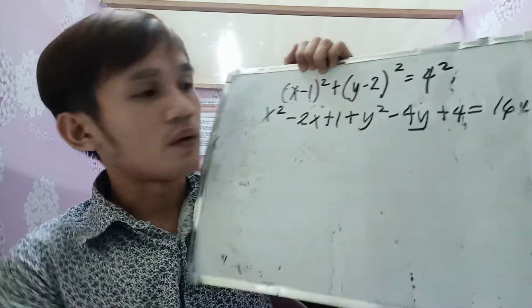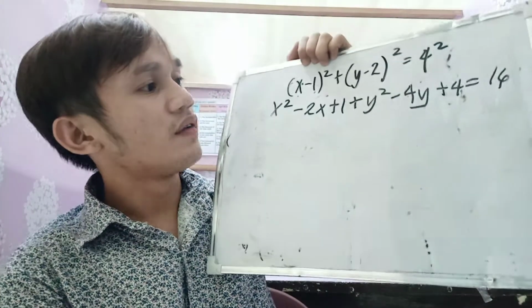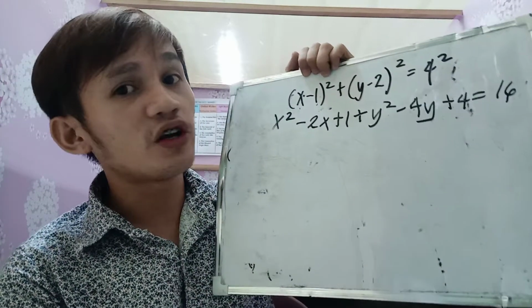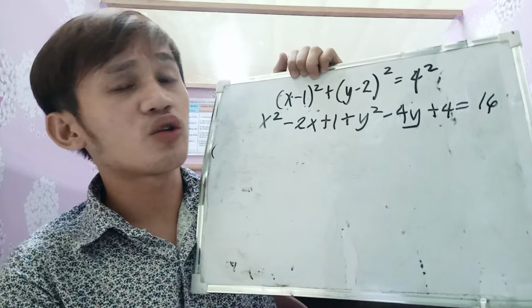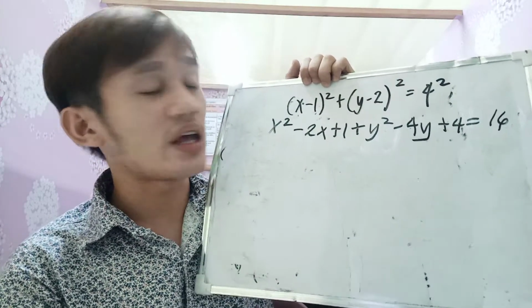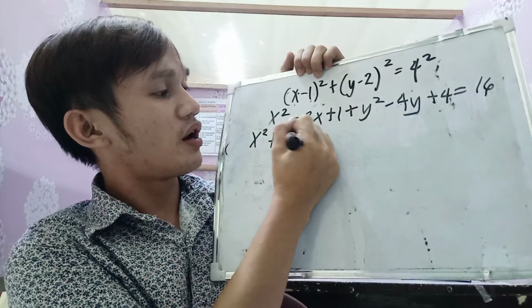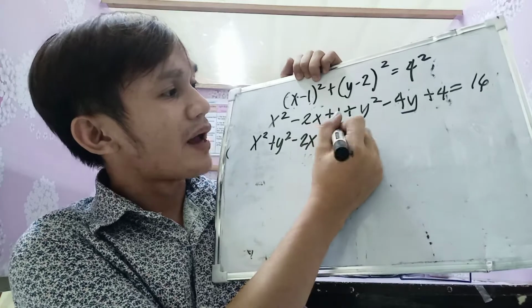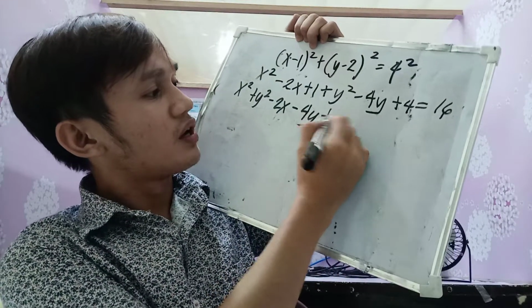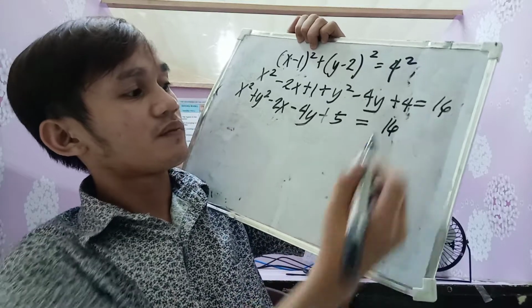So you have here now this equation. Okay? So now, you are just going to combine like terms, or if you want, you can actually write that in the general form already. So this will be x squared plus y squared minus 2x minus 4y. So this will be positive 1 plus 4 is positive 5 is equal to 16.